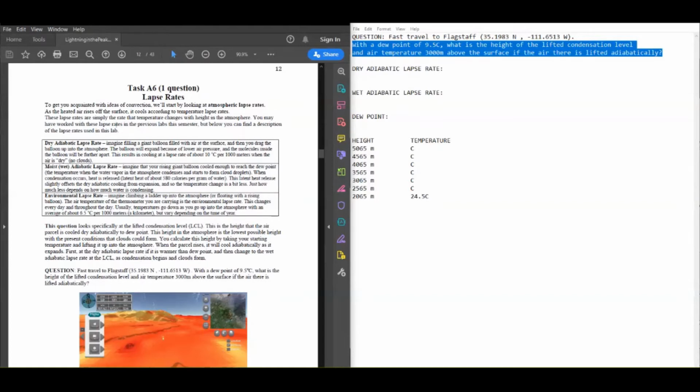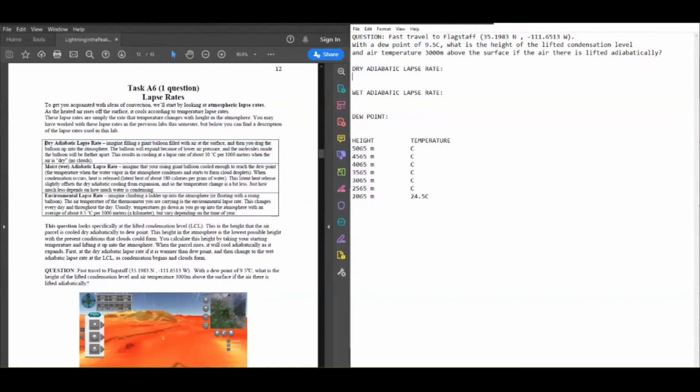If the parcel is unsaturated, you cool at the dry adiabatic lapse rate. So if the air parcel is not at dew point, it cools at the dry adiabatic lapse rate. That's 10 degrees Celsius per kilometer, or in the case for our questions here, since we're doing 500-meter increments, it's 5 degrees Celsius per 500 meters.